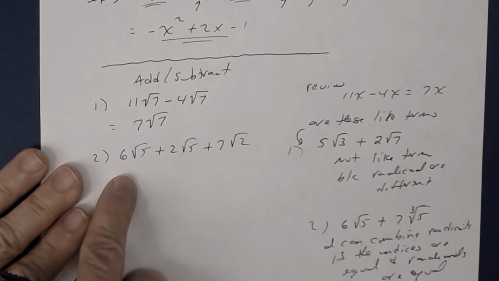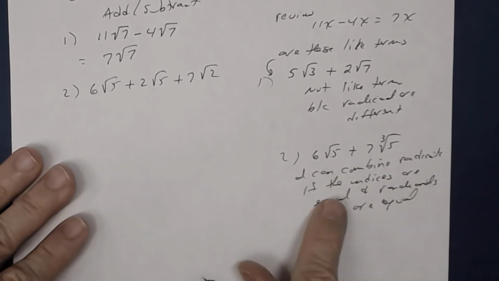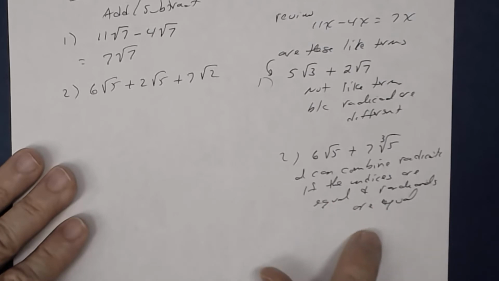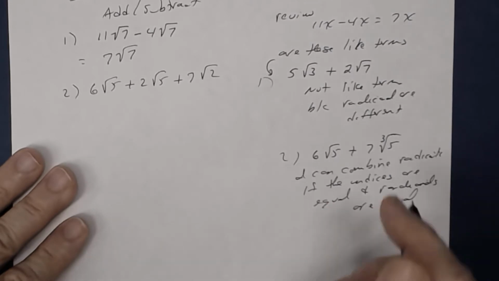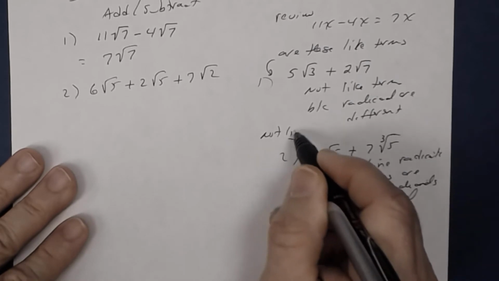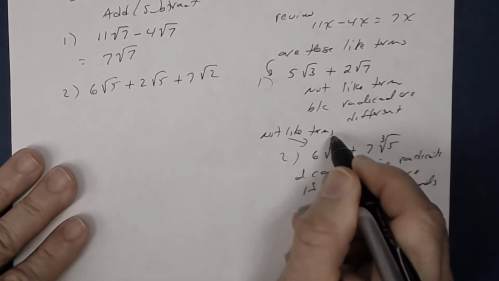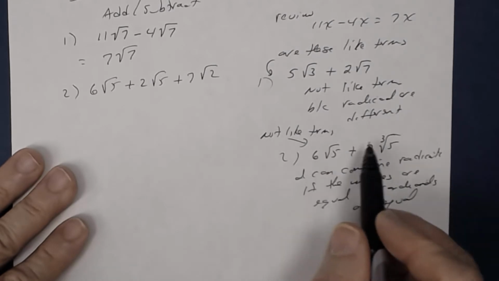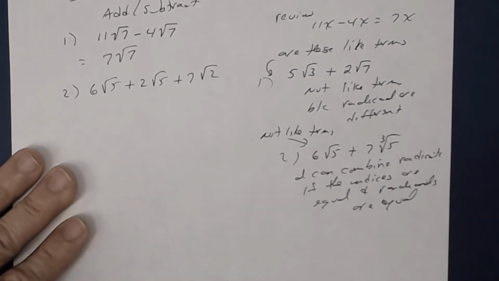The answer is no, because I can combine radicals if the indices are the same and the radicands are equal. So these 2 here, they're not like terms, right? Because the radicands are the same, but what's the problem? The indices are different. That's a 2, that's a 3.